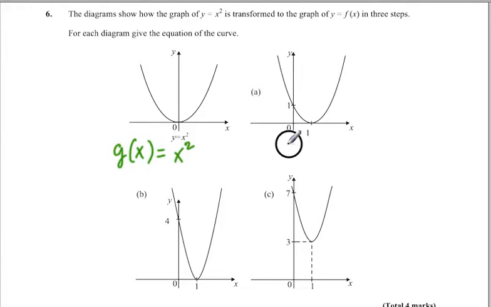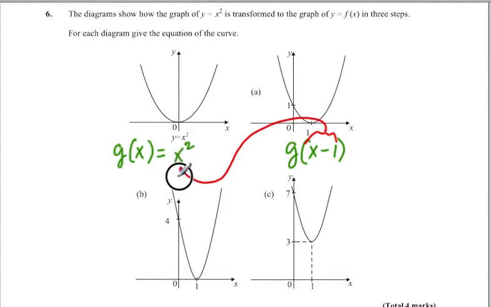Then this must be g of (x minus 1), because it's been moved to the right. And all we have to do is take this argument and plug it right into the x, because that's what g of x is. So this is simply something squared, and that something has to be the argument, which is x minus 1.